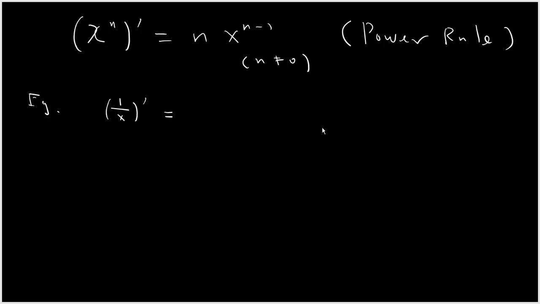Can anybody recall, write in the chat, how can we convert 1 over x to the form of a power function? It's x to the power of -1. So we convert 1 over x to the form of a power function.